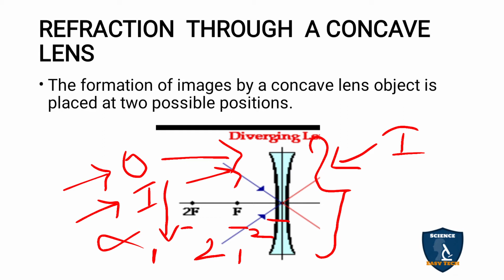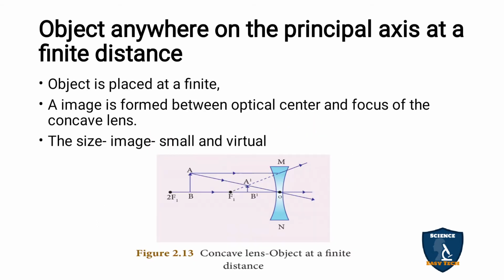Here in the first case you keep the object at the first position and allow the rays to pass through the concave lens, and the image is formed at the first position, that is, the principal focus. So here also first and here also first. Next we move on to the second case.